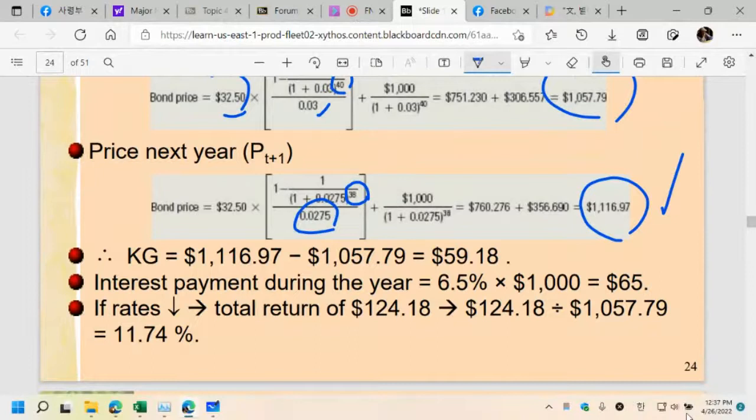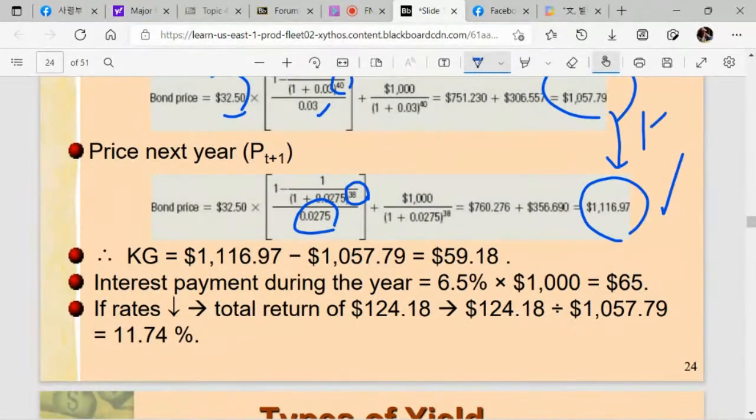So between this year and next year, there will be capital gains, right? And for 1 year, there is a coupon interest of $65. So the total return from holding this bond is 124, because if you add these two numbers, 124.